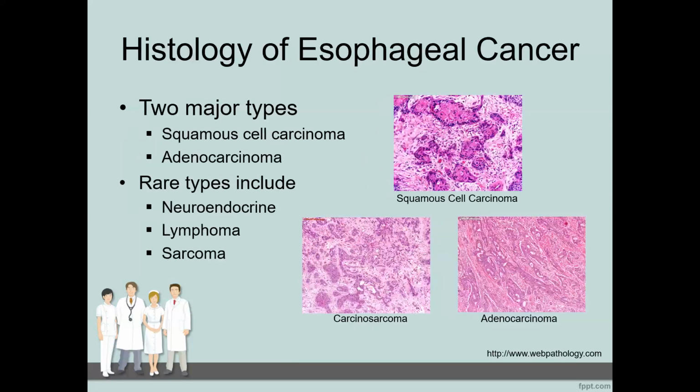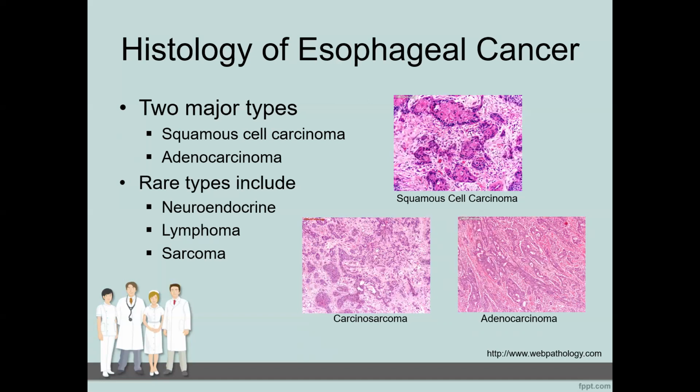There are two major types of esophageal cancer. Squamous cell carcinoma, which usually develops in the upper and middle part of the esophagus, and adenocarcinoma, which begins in the glandular tissue in the lower part of the esophagus. You might want to make a note of that.